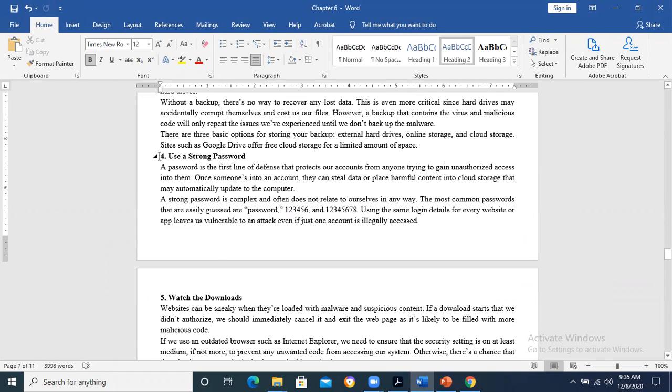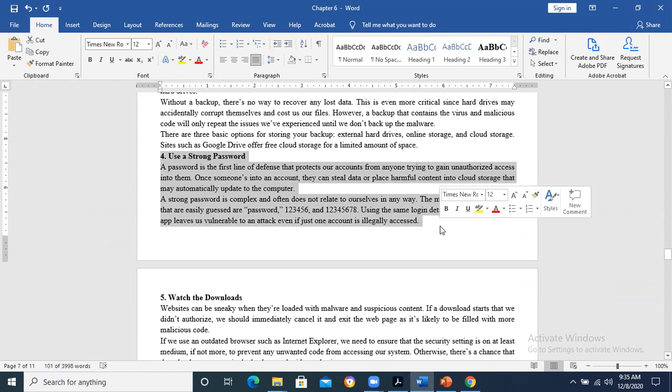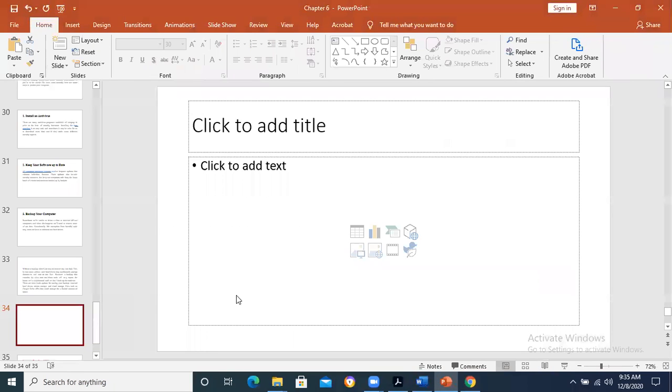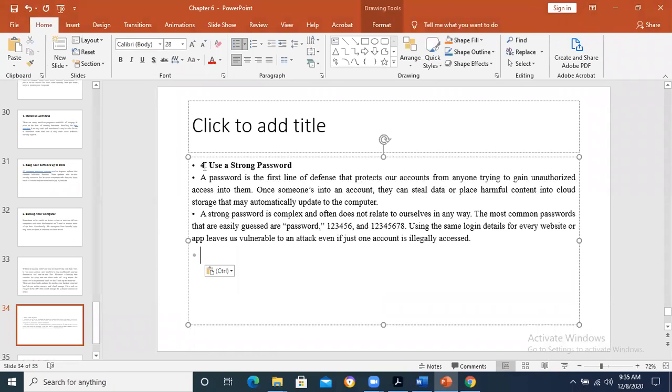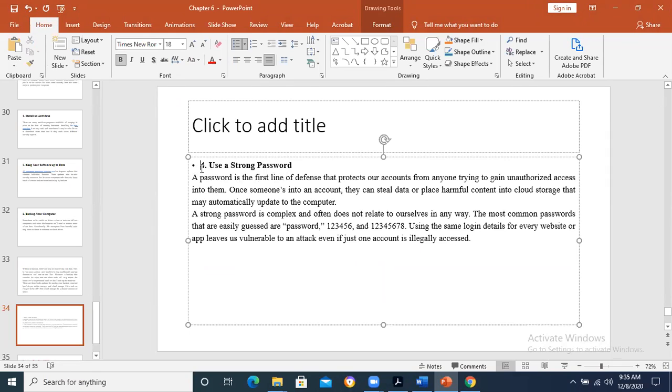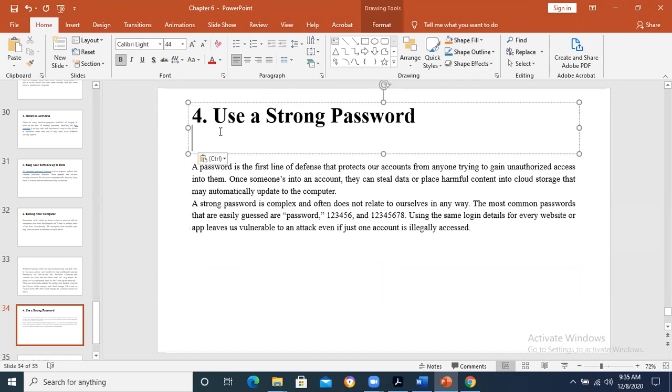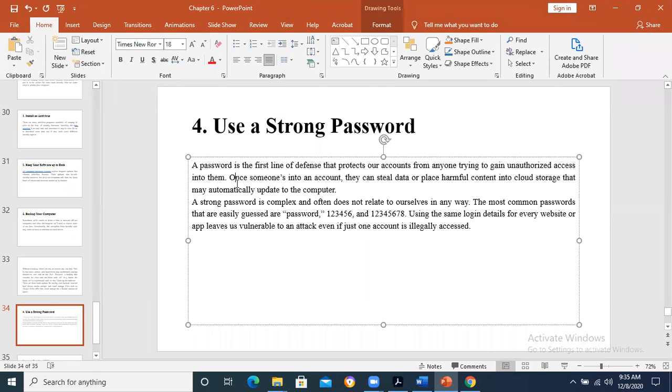Then use a strong password for your security. We are basically studying the methods to secure a computer system against any sort of insecurity, whether it is malware or some other problem with our computer system. When we have a strong password, of course your computer system will not be at risk by physical means.